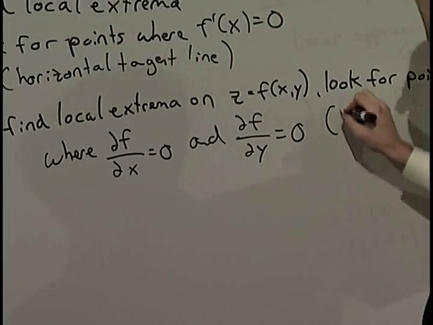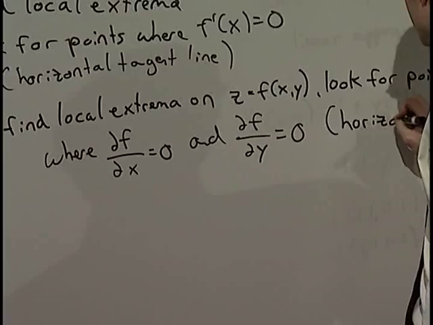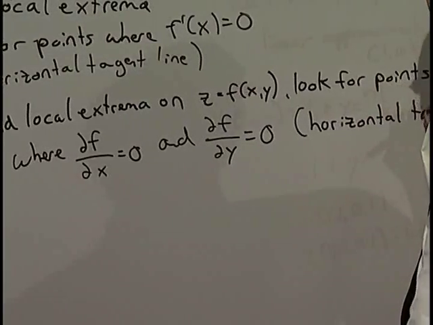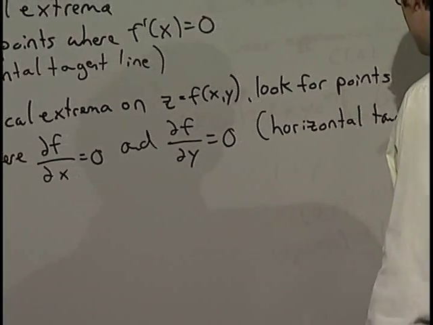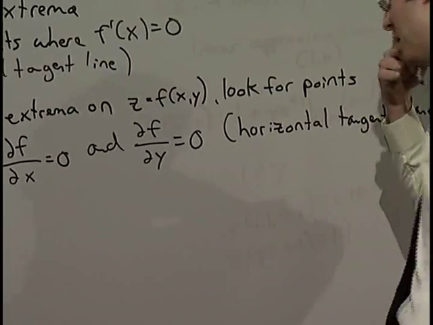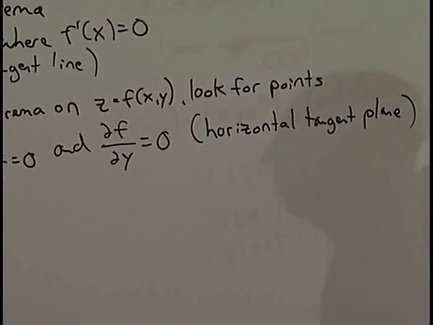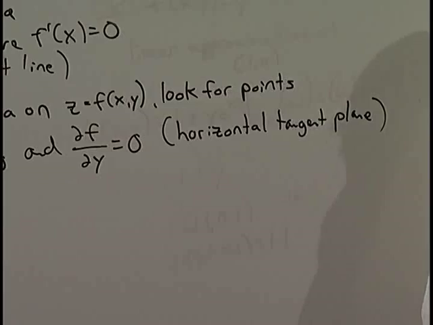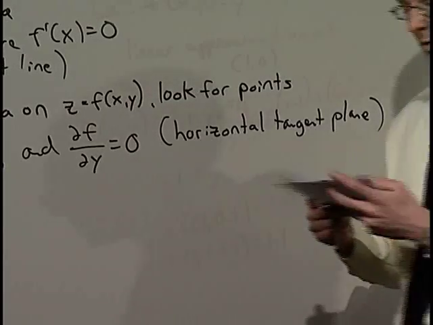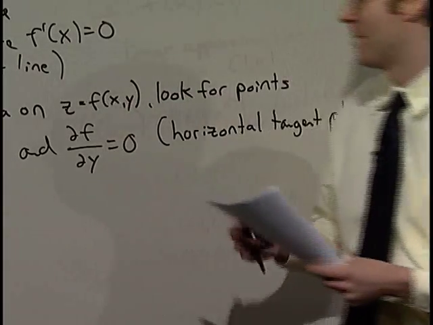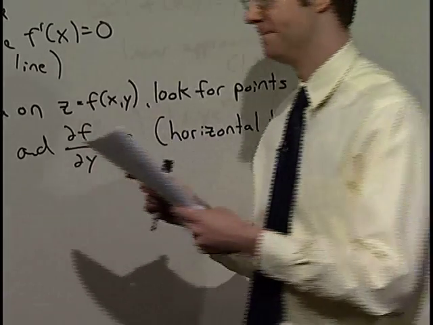And that will give you a horizontal tangent plane. So where both the partials are 0 is a horizontal tangent plane, a plane that is parallel to the xy plane.